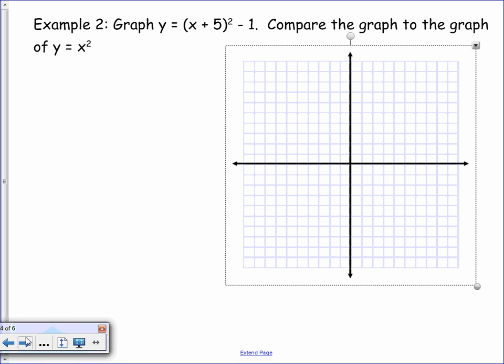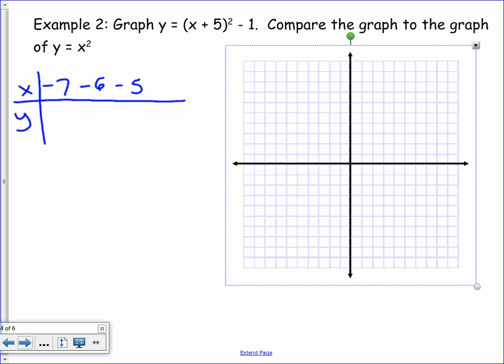Now we're going to graph y equals (x plus 5) squared minus 1, and we're going to compare this graph to the graph of y equals x squared. So again, we want to make a table of values first, an xy table. Some values to pick here: negative 7, negative 6, negative 5, negative 4, and negative 3. Then when I evaluate them, negative 7 plus 5 is negative 2.